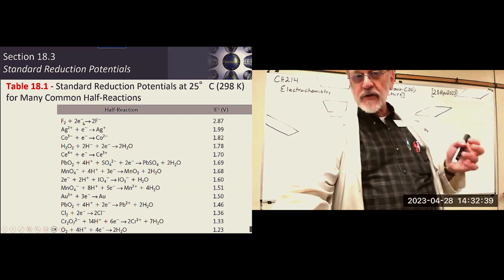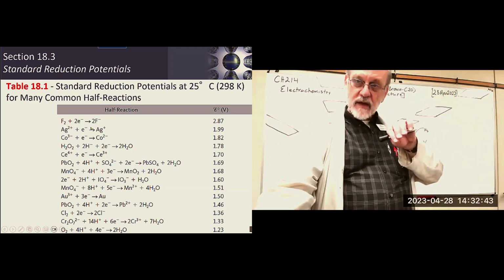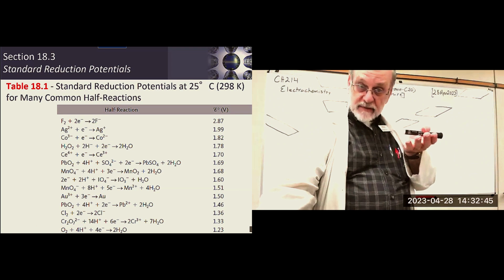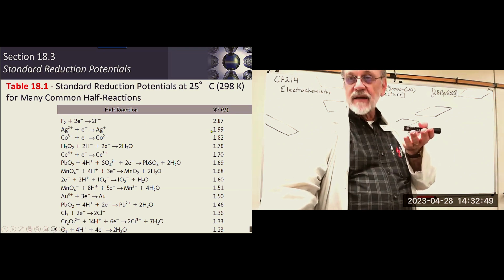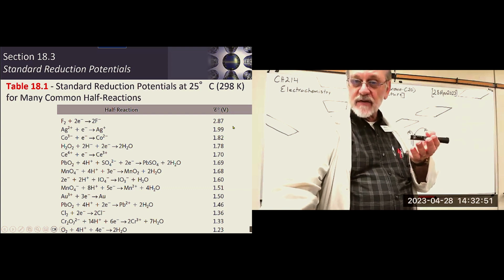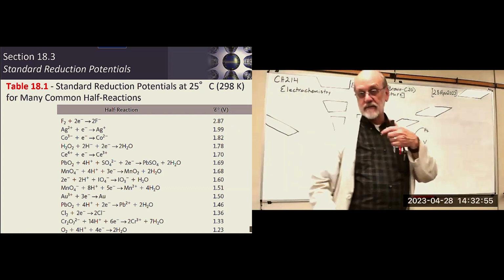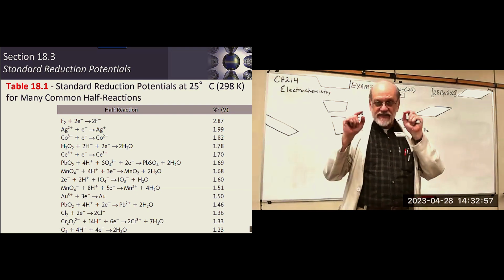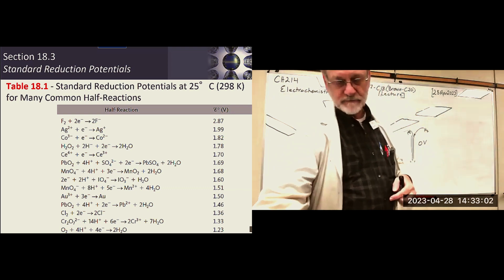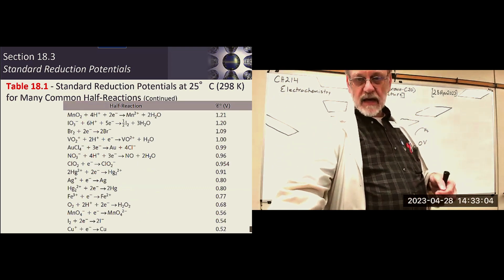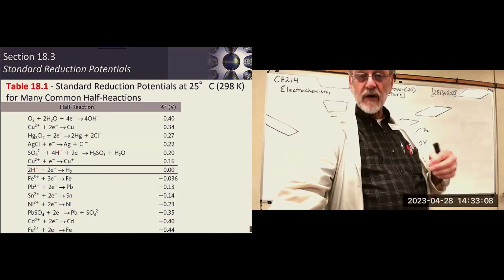So if we have these first two, like fluorine and silver, and let silver be the anode, we flip it, right? Then it becomes a negative 1.99, and add that to 2.87, we get 0.88 volts from the standard potential for those 2 half reactions. And we keep going, and they get smaller and smaller as we go down, compared to hydrogen.